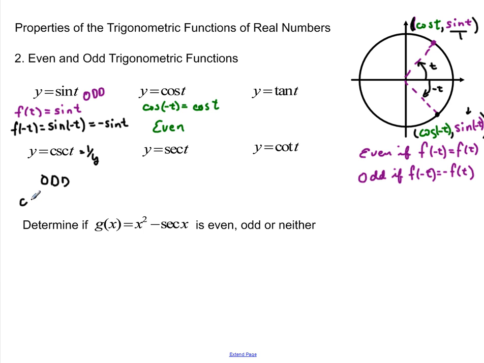The cosecant of negative t would be exactly the same as the negative of the cosecant of positive t. Secant is an even function. And in this particular case, that would mean that if we took the secant of a negative angle, it would be the same as taking the secant of its positive counterpart.